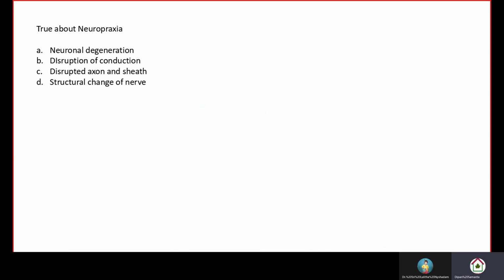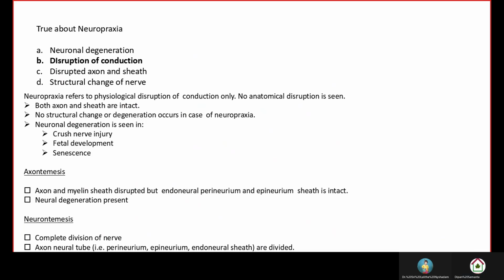Neuropraxia. True about neuropraxia is it is neuronal degeneration? No, this is true about disruption of conduction. Disrupted axonal sheath, structural change of nerves? So the answer will be disruption of conduction.